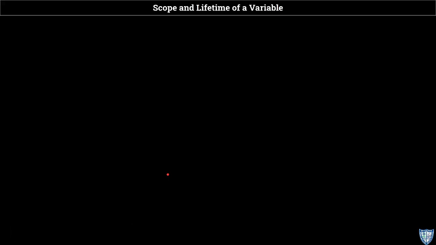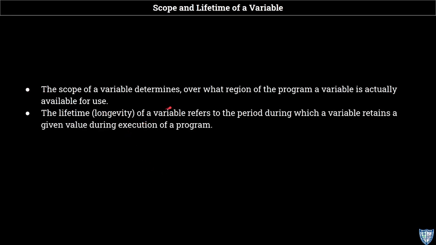And as we have seen in the previous video, what is meant by scope and lifetime of a variable. Scope of a variable determines over what region of the program a variable is actually available for use. That we have seen with an example. The lifetime or longevity of a variable refers to the period during which a variable retains a given value during the execution of a program.